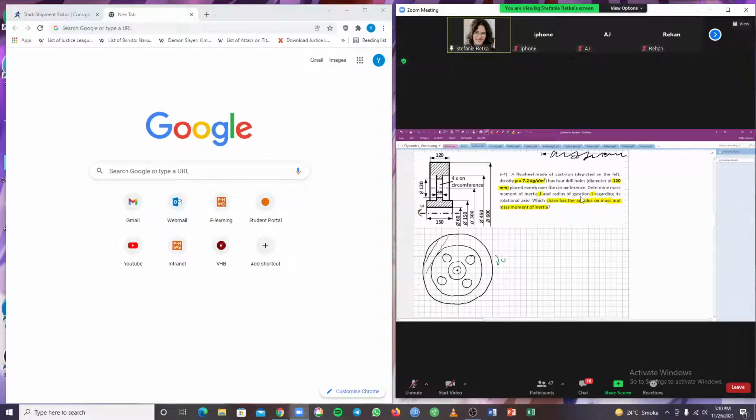Then this is material. This and this. Okay, and it rotates about its center. This is our axis of rotation.